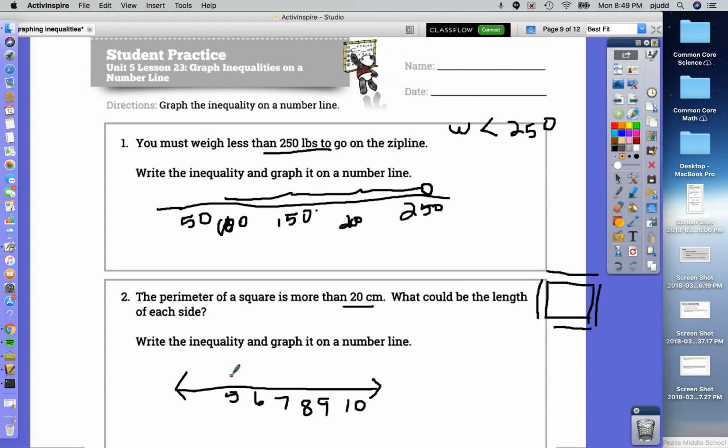I'm going to start my number line here. But if it's more than 20, I can't have each side being exactly 5, because then that's going to be exactly 20 all the way around. It has to be more than 20. So it could be 5.10, it could be 5.5, it could be anything greater than 5, but not 5.